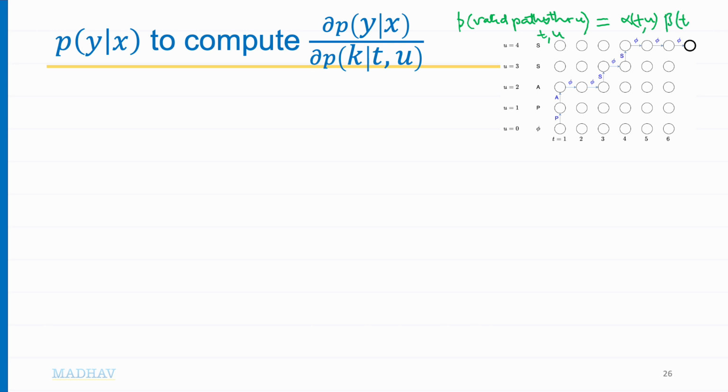right? Now tell me what is p(y|x), which means all possible paths, not just the paths through that (t,u) node, but all possible paths. What is the probability in terms of alpha and beta? What will that be?